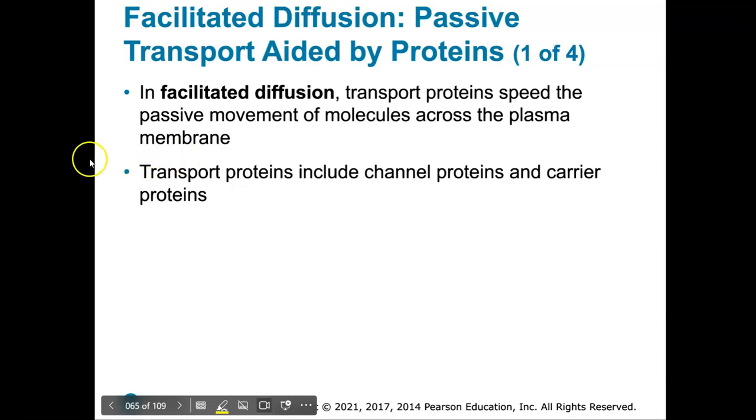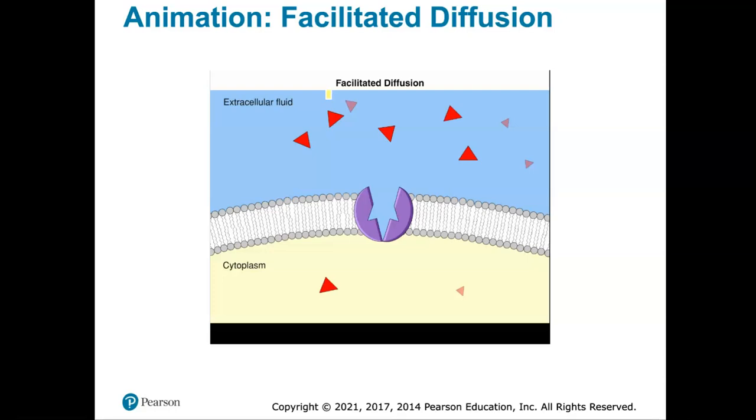All right, now, another type of diffusion, but it involves membrane proteins, carrier or channel proteins, is called facilitated diffusion or sometimes facilitated transport. It is a type of passive transport because it does not involve energy, and it moves substances from their high concentration to their low concentration.